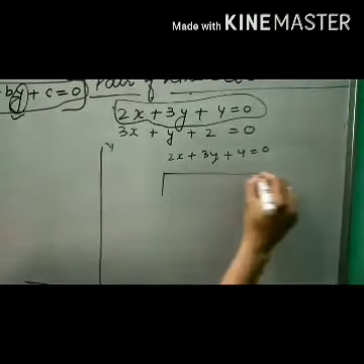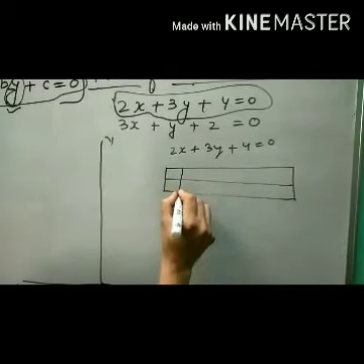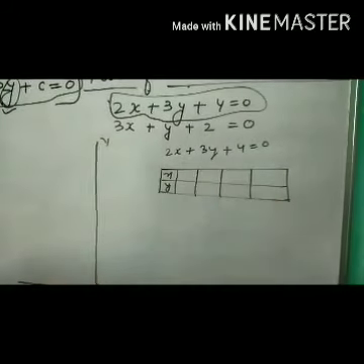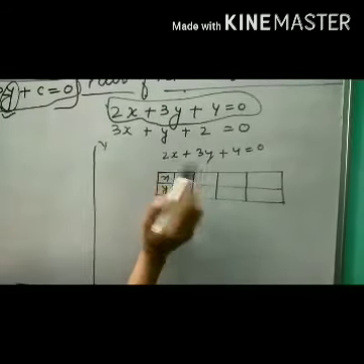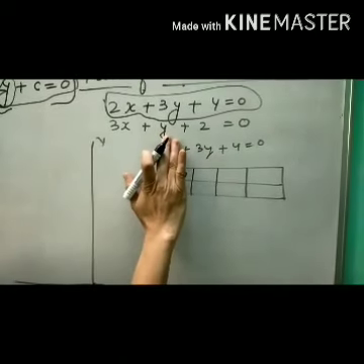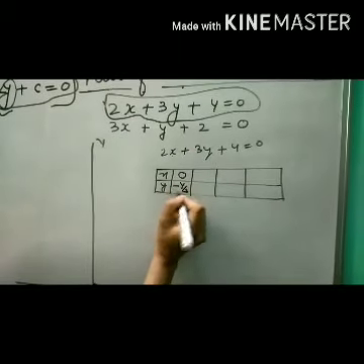So what will we do? We will make a table here, and in it we will put x and y. We will put the value of x and find out the value of y. If we put x is equal to 0, what is the value of y? The value of y will be minus 4 upon 3.